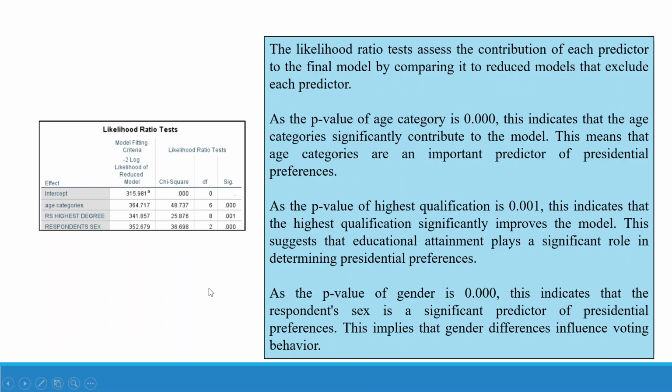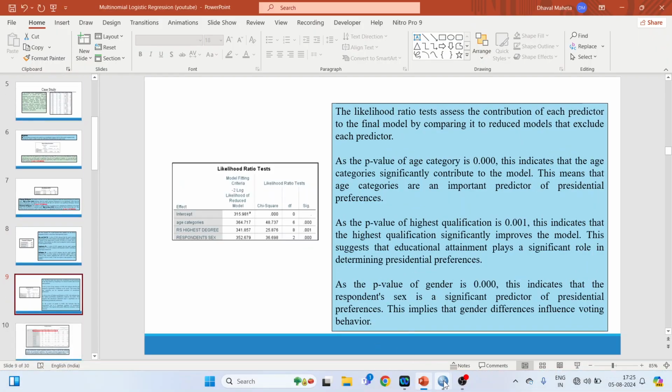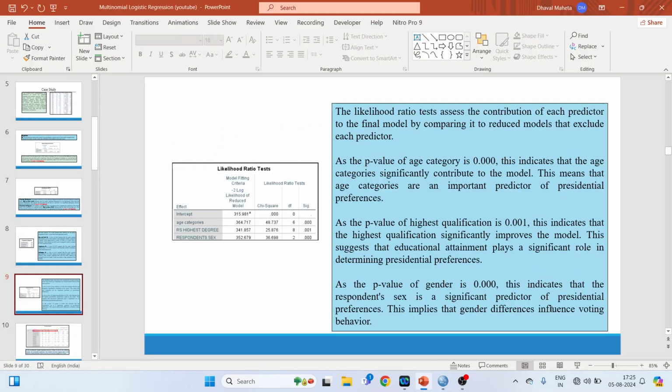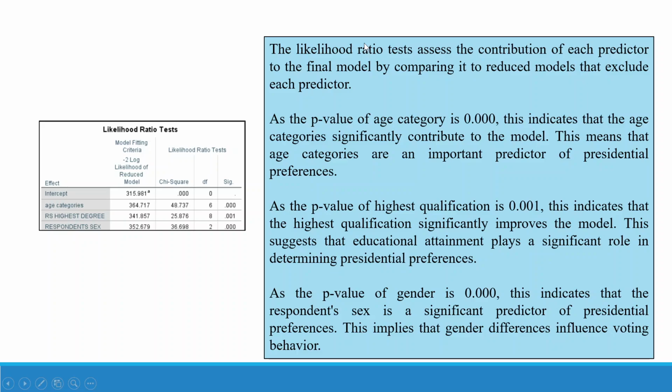Next is the likelihood ratio test. So this is here. Okay, let's write the interpretation of this also. The likelihood ratio test assesses the contribution of each predictor to the final model by comparing it to reduced models that exclude each predictor.